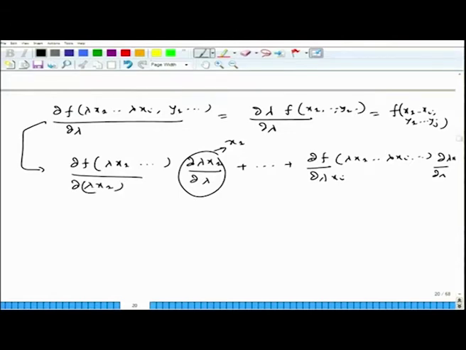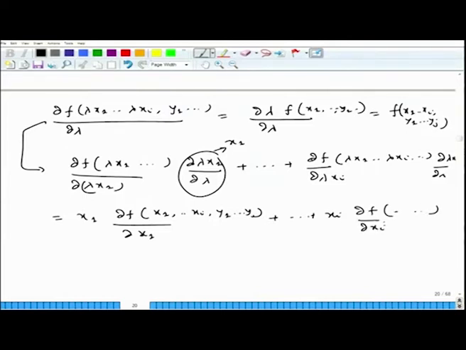Now this is just a multiplication by lambda, so lambda can come out here, and similarly f can be written as lambda times f, and the lambdas can cancel. So this is equivalent to saying x1 del f of x1 to xi, y1 to yj divided by del x1, plus xi del f by del xi, and this is nothing but f from this term.